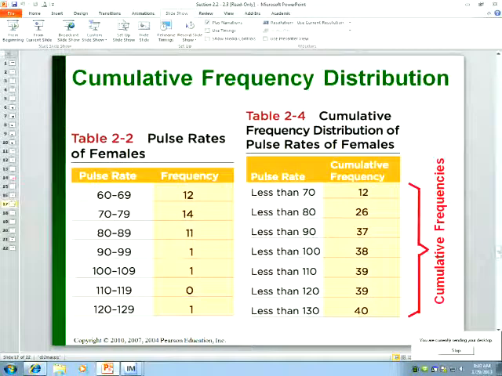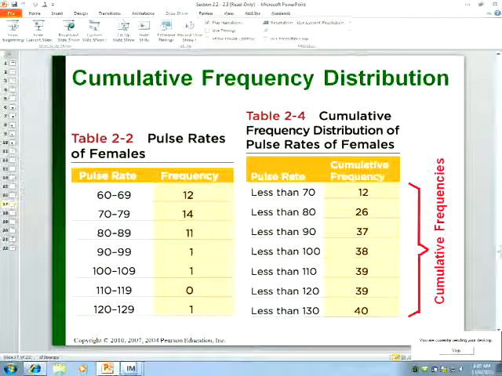So just start with less than the lower limit of your second class. Everybody that fell in that first class was below 70. So the first class in your cumulative frequency distribution would be less than 70, which is these 12 people.